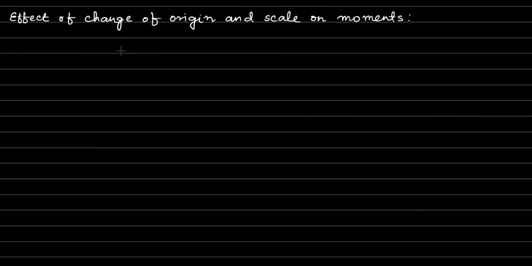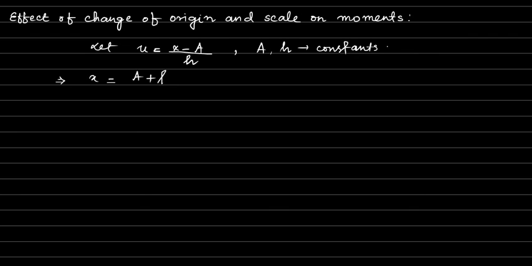Let us put u equal to x minus a by h, where a and h are constants. Therefore we can write that x is equal to a plus h into u, which gives us x bar is equal to a plus h into u bar.